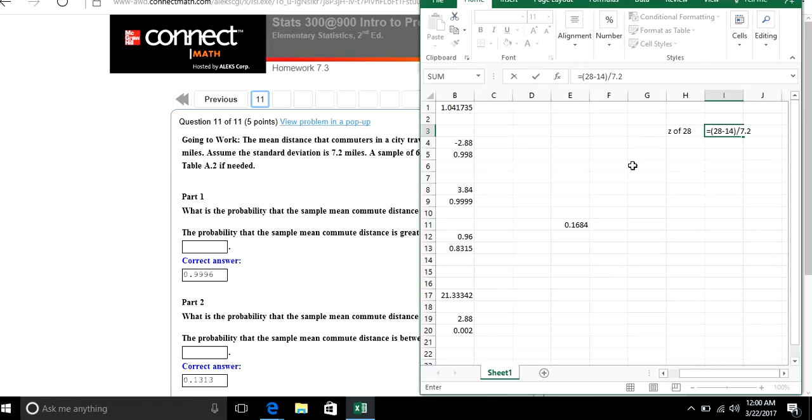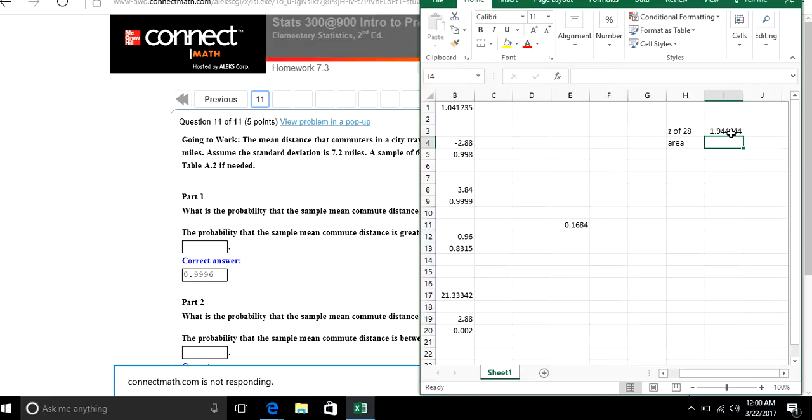And remember, we're using the population standard deviation because they're asking for the individual. If they were asking for the sample mean, we would compute the new standard deviation. But we don't have to because they're asking for individual. Always remember individual.